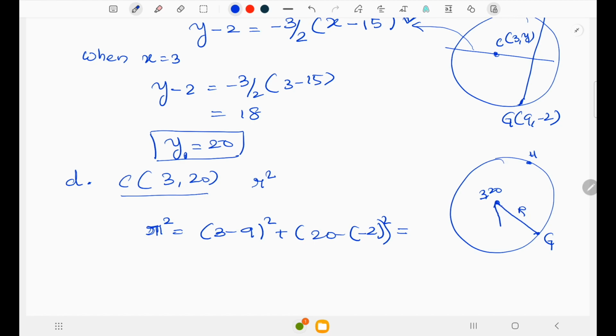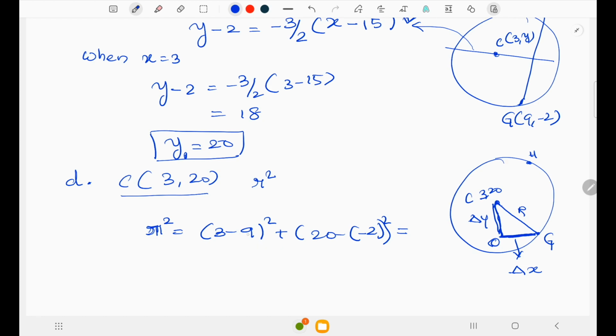By Pythagoras theorem, I can say that r square equals, so this is say delta x and this is say delta y. So r square equals the distance of the line OG squared, and OC squared, this is C, right? So we can say r square equals the distance. What is the distance?